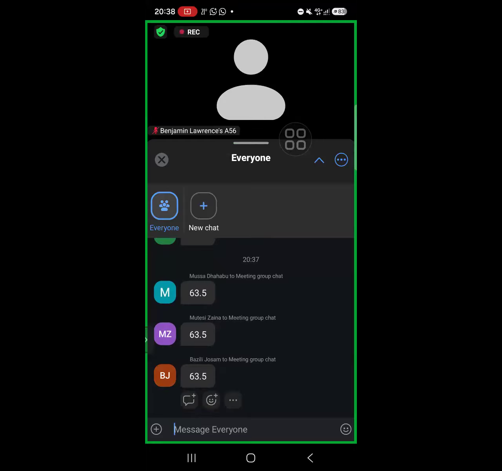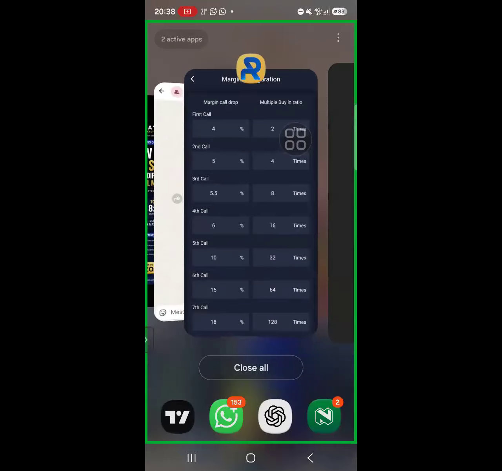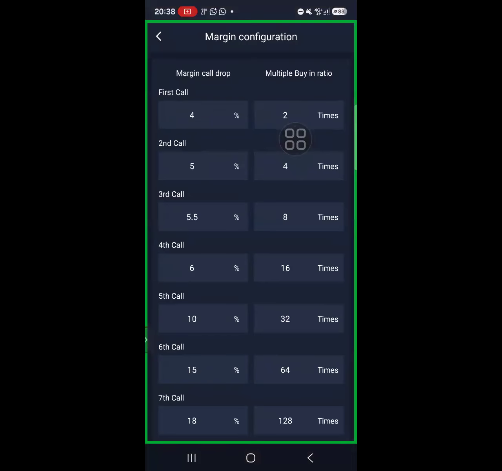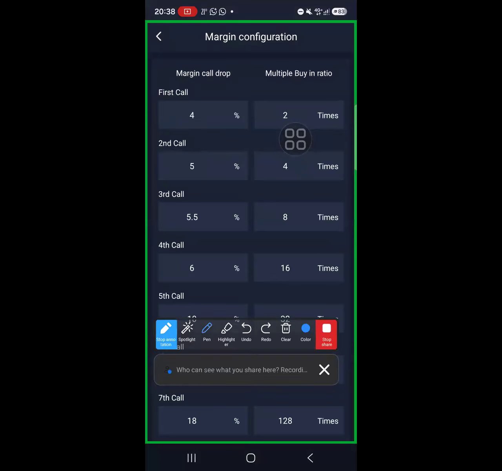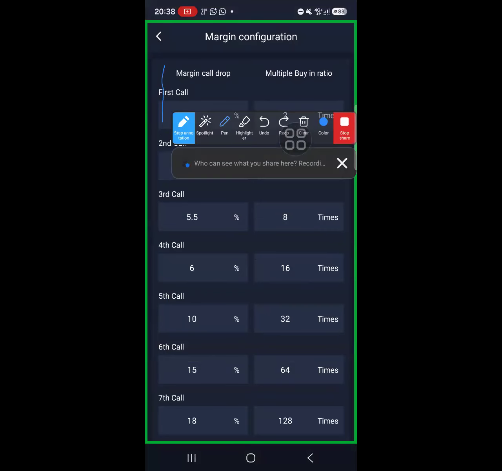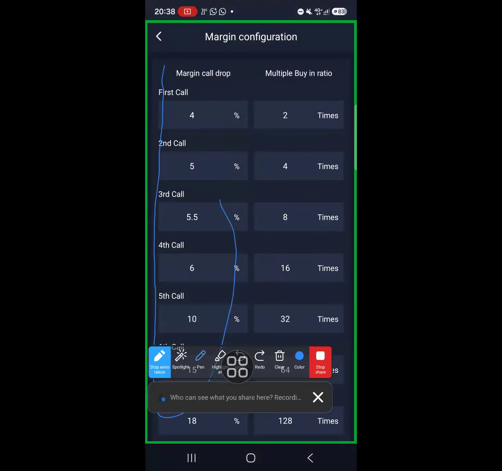The conservative is giving us a total of 63.5%. It means that for the robot to buy all your margin calls, these 7 margin calls, from margin call number 1 to 7, the price of the coin that you are trading should drop by 63.5%.